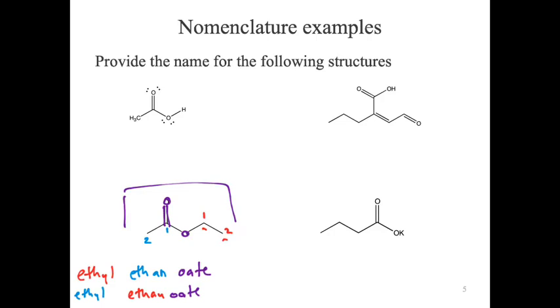In this case, because they were both 2 carbons, it didn't matter. Okay. But what happens if I add a carbon? Well, now one is ethyl, one is propyl. Which of those gets associated with the OATE? The one attached to the double bonded carbon, oxygen. The one connected to the double bonded oxygen. Why? That's a functional group. It's part of the ester, but so is the oxygen.